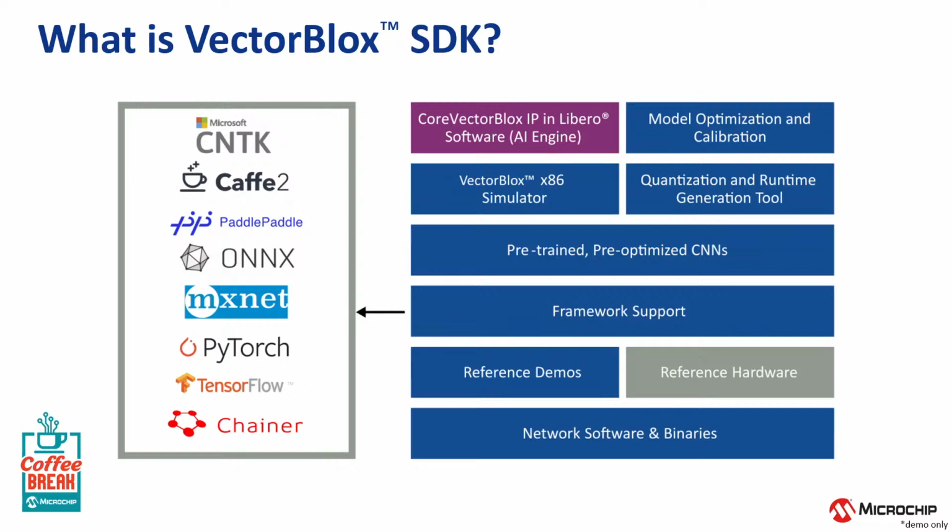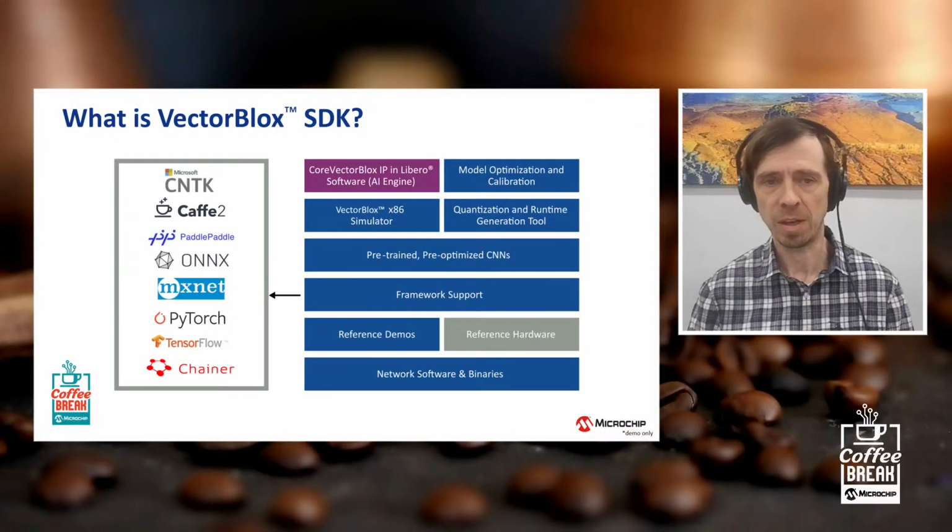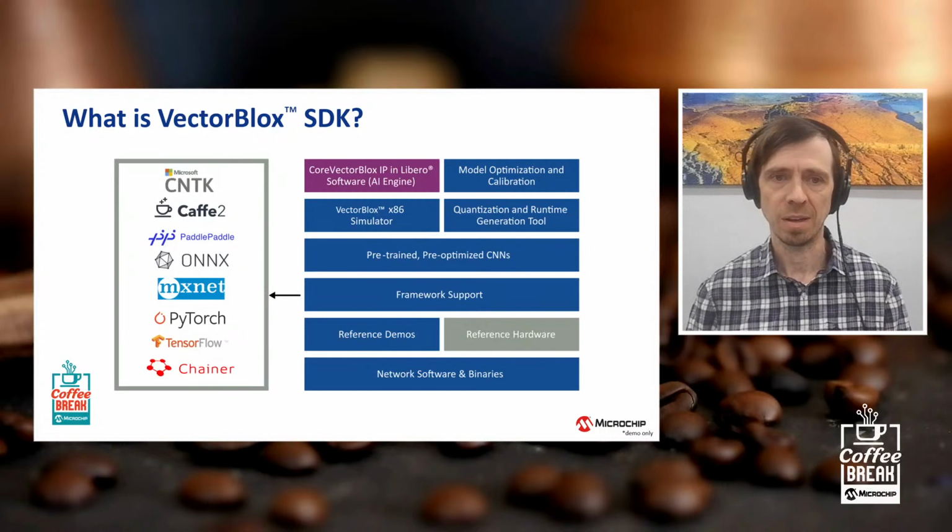This is the SDK that can take models from any of these machine learning frameworks, import them to our format, optimize them for inference only, quantize them to 8-bit integers so they can run much faster, compile them for our accelerator, and put them on the FPGA. And then also there's the actual accelerator that runs on the FPGA fabric that is optimized for PolarFire. So we try to make a system that is really easy for users to take their models from existing frameworks and put them on our chip with minimal effort.